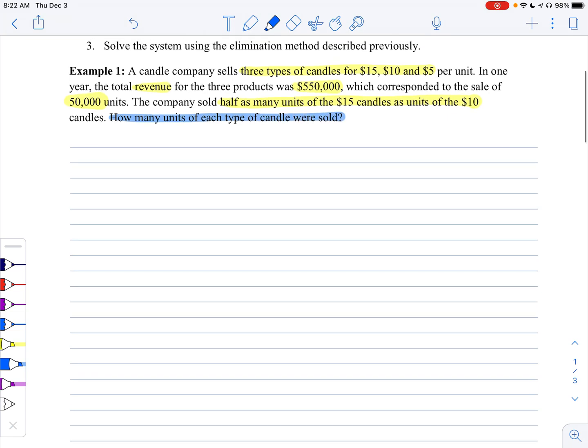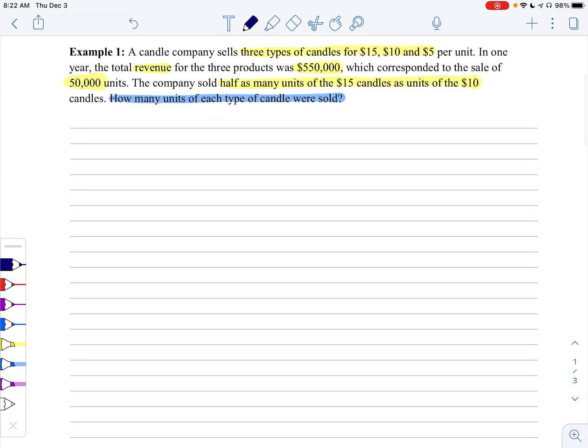Okay, so the first thing we have to do is define our variables. Now remember, when we're defining our variables, we essentially just want to think about what question they are asking us, and that's what we're going to let our x, y, and z equal. Since it's how many units of each type of candle, the ones that sell for $15, $10, and $5, that's going to be our x, y, and z.